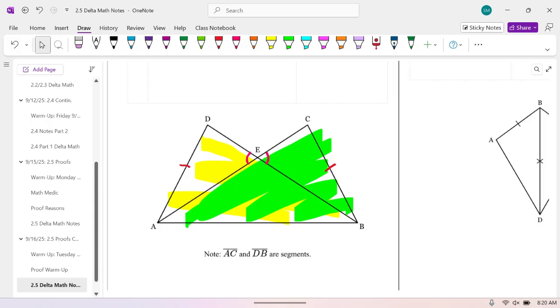I don't think SAS would work just because of the placement of the angle. The side's so far away from the angle. Can't do SSA, spell it backwards. Don't want those.